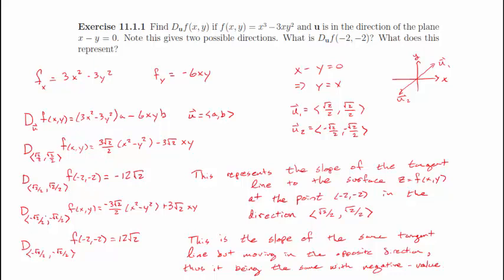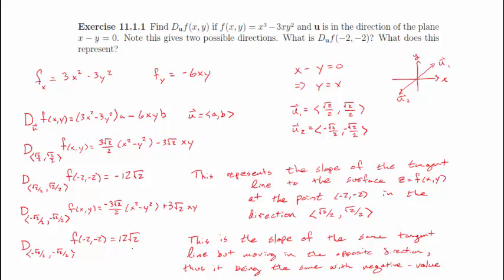So now I look at the directional derivative in the direction of u2, negative root 2 over 2 comma negative root 2 over 2, of f of x comma y. This equals negative 3 root 2 over 2 times x squared minus y squared in parentheses plus 3 root 2 times xy. When I plug in the point negative 2 comma negative 2, we get that the directional derivative is positive 12 root 2.